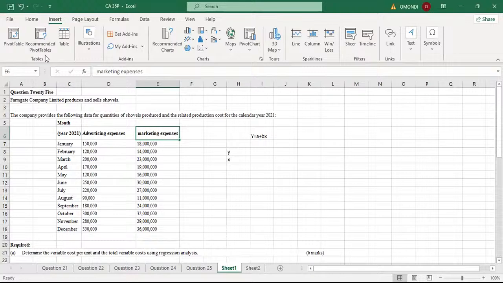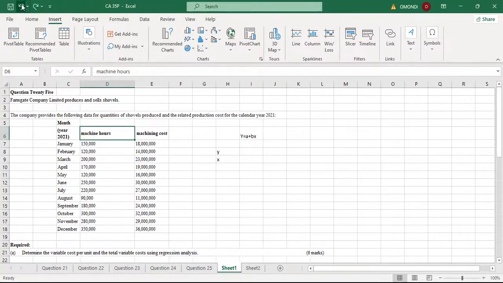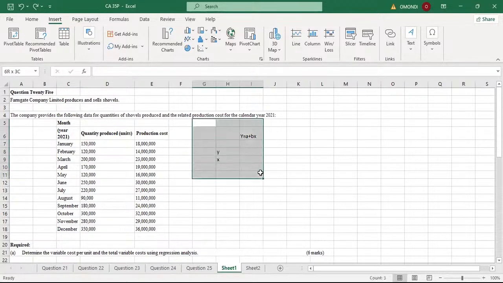Now, let's get back to the titles which were given here initially, that is production cost and quantities produced. So how are we going to solve this thing, so that we get the value of Y, the value of X, then proceed with this question.